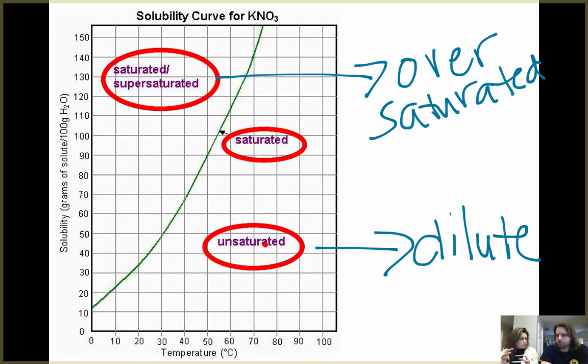It's under a lot of pressure, so it holds on to more gas, but once you pop it, the gas escapes. If you radically change the temperature and pressure, you could get more solute dissolved in your solvent than you could under normal circumstances. Can you think of something yummy that's a supersaturated solution? Rock candy. Rock candy is made by creating a supersaturated solution, more sugar than would normally dissolve.